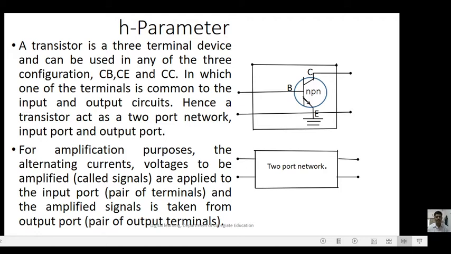So in any amplifier circuit, the left side is the input port and the right side is the output port. Therefore there are two ports.